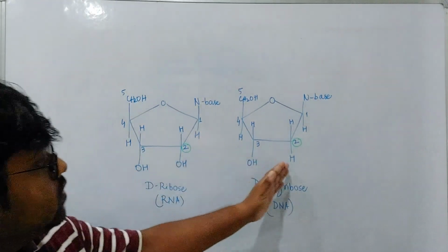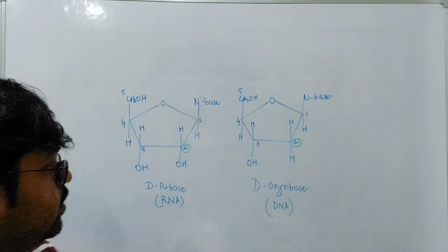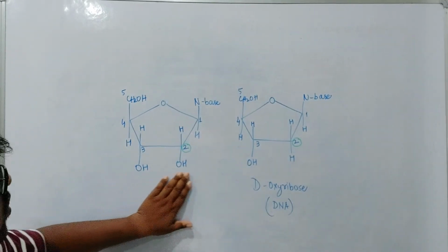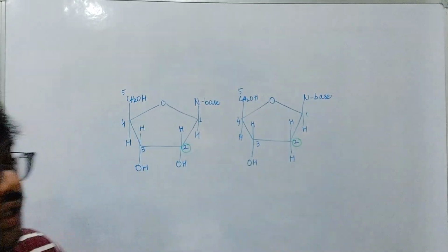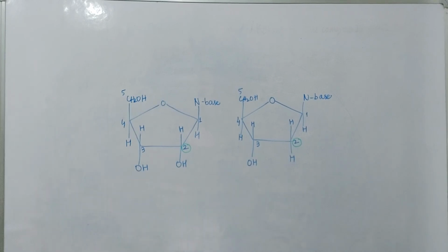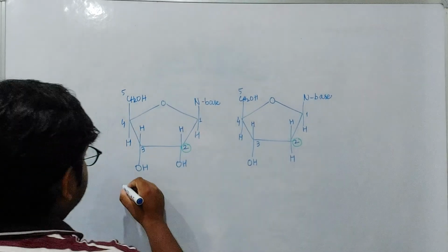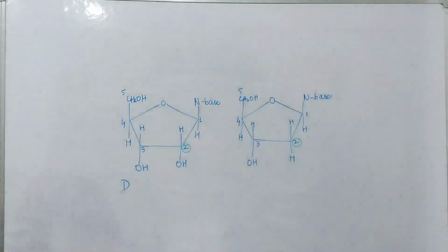So the structures that I have drawn over here are no longer D-ribose and deoxyribose. They have turned into nucleosides. So what are the names?